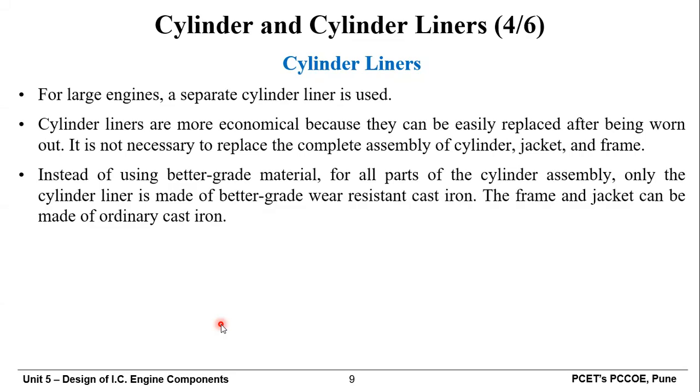Again, during the design, only for the cylinder liner we can use a better grade material, which is of good strength and quality. For the remaining parts of the cylinder assembly, we can use ordinary cast iron, or we can say the material having the least price.